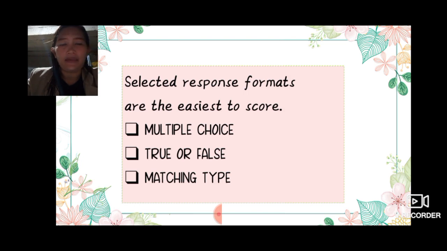We can say that they are the easiest to score because the scores the students attained are simply the number of their correct checks in an assessment test, and that is their score. So it is easy to score.